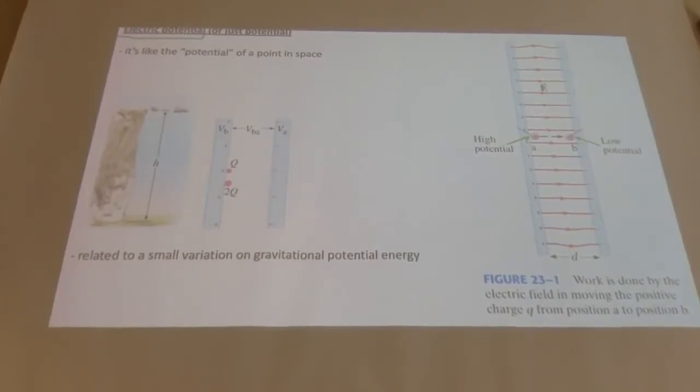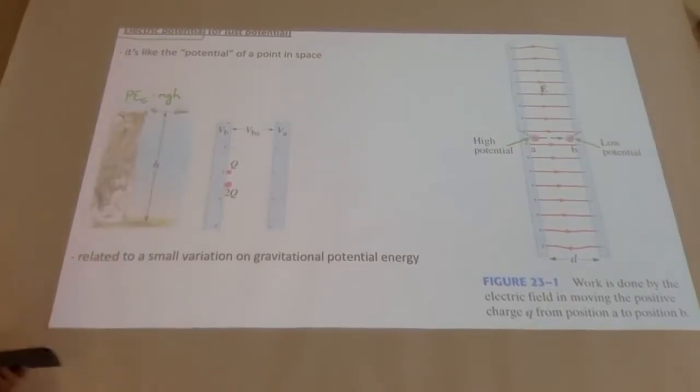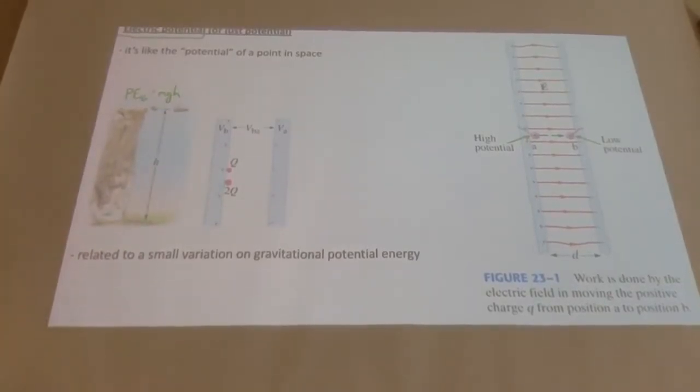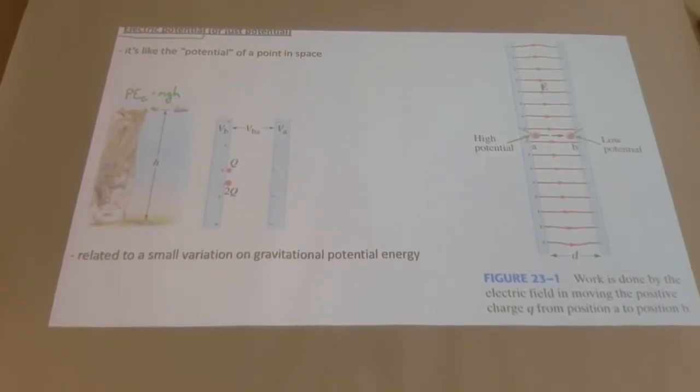You might remember that gravitational potential energy, PE, sometimes U is used, but PE gravitational is equal to mgh, right? So how much gravitational potential energy a piece of mass has is not just based on where it's located above the ground, but also based on how much mass it has, okay?